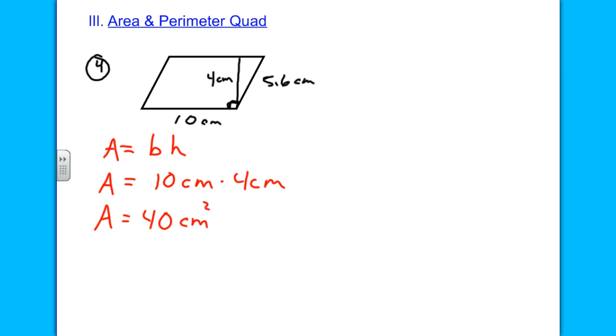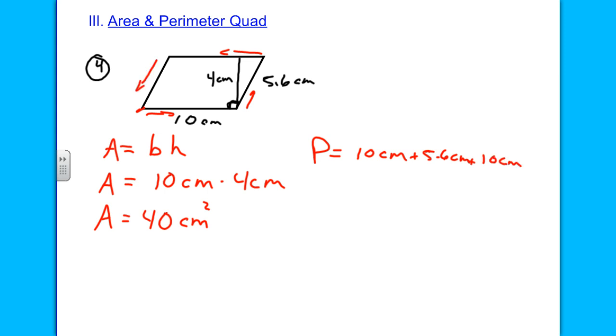Now to find the perimeter, we take a walk around the figure, right? So you can choose any vertex, start there, and as we walk, we travel 10 centimeters. We're walking to the right here. And then we walk up and we travel 5.6 centimeters. And then we walk across the top, which is another 10 centimeters.